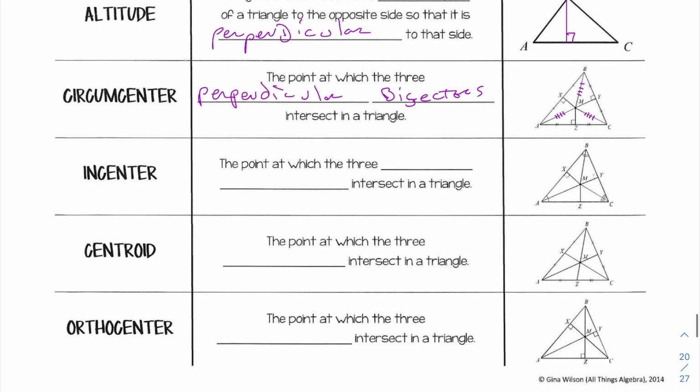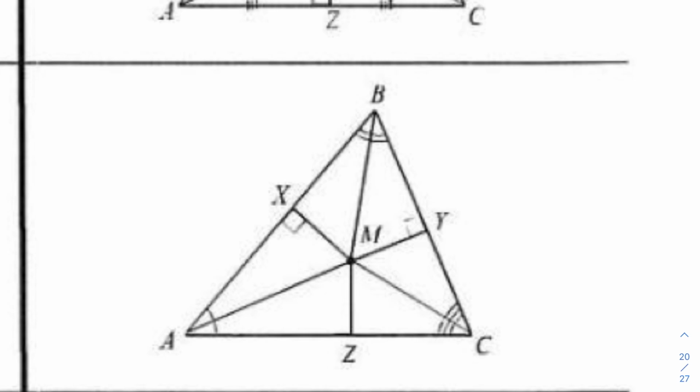The incenter is where the three angle bisectors intersect in a triangle. And it is equidistant to the sides measured at the perpendicular.